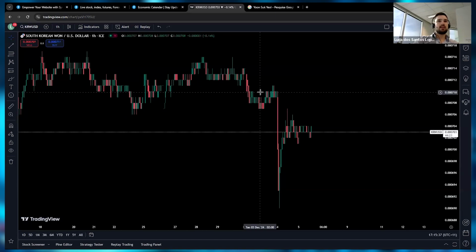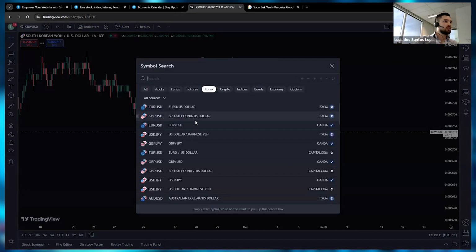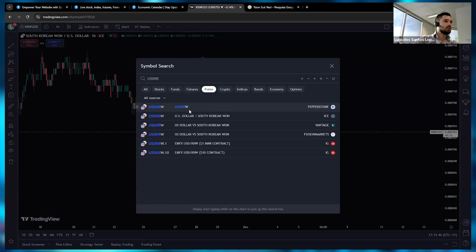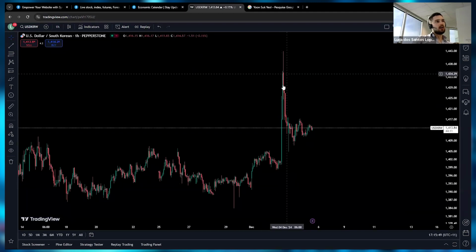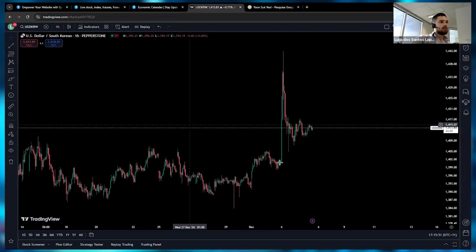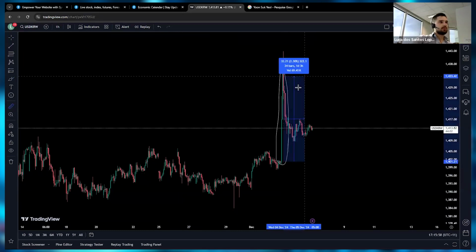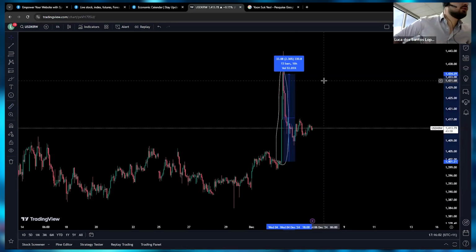But then we've seen some sort of recovery. We come back to this guy here, USD/KRW. Yes, we've seen some recovery now. But from here all the way to here, let's see how much this move was. So this move was a 2% move in 2 hours, pretty much 1% for every hour the market was moving.